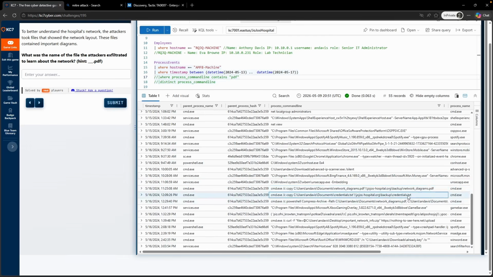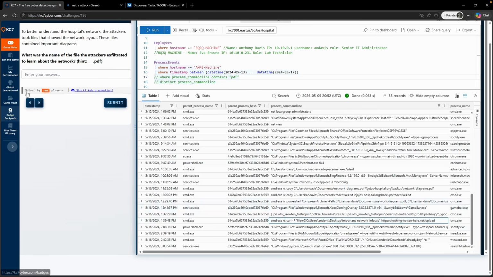So they're copying credentials, and then they are compressing it via PowerShell. And afterwards, look at that. At 1:39:48 p.m., they are running a curl command where they're uploading essentially the important network info.zip over to nothingtoseehere.net. Very cool. So there is definitely some exfiltration here.